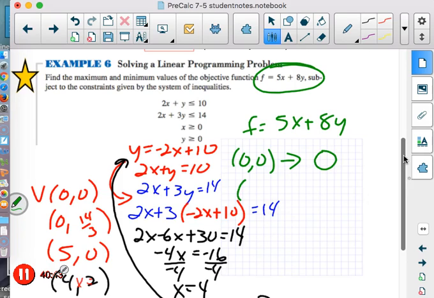Then we had 0 and 14/3, and yeah, if you don't like working with fractions, you can always pop that into the calculator. It's not going to be that bad. 5 times 0 is 0. All you're going to have to do is take 8 times the 14/3. And then, like I said, if you really don't like fractions, 112/3. But usually, we need to know about money and that type of thing.